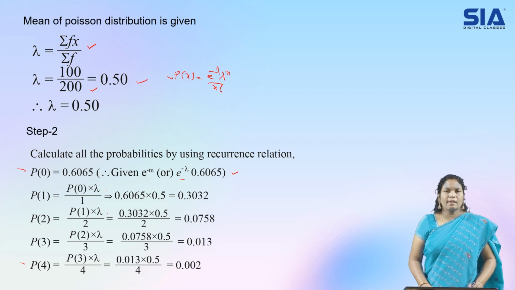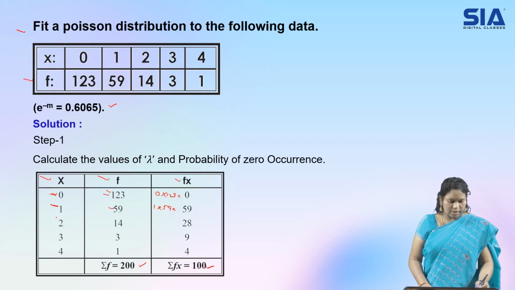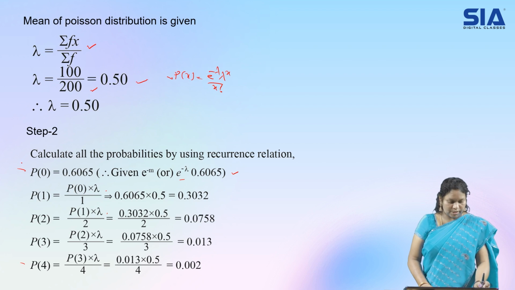Now after obtaining lambda, let us go for getting the values for p of 0, 1, 2, like that. p of 0 is the first value of x; x starting from 0 we have 0, 1, 2, right? All those values we need to obtain individually for Poisson. So the probability is p of 0. For the first x equal to 0, p of 0 is directly the given value that they have given in the question.